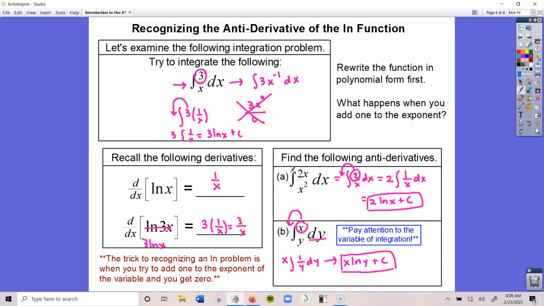And so that means that this is the same thing as saying the ln of x squared plus c. But because of rules of logs, any exponent here could be moved to the front. So this is the same thing as saying 2 ln of x plus c, which gives us the same answer that we got before. So whichever way you choose to approach it is fine, as long as you recognize that if the numerator is the derivative of the denominator, the integral is the ln of the denominator.